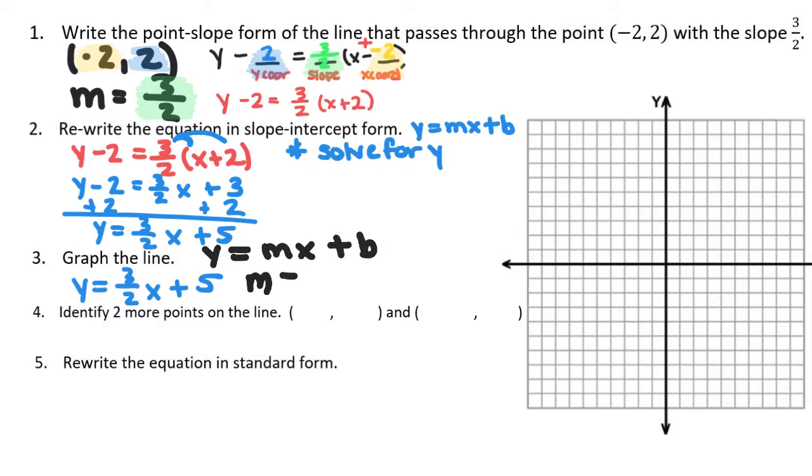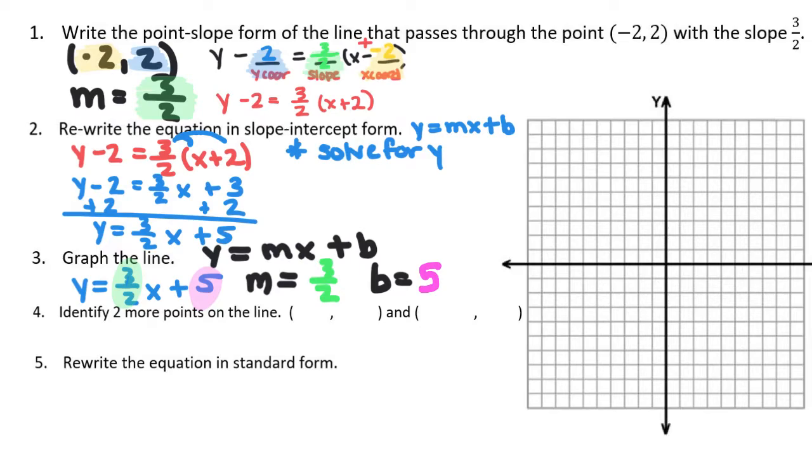So the value of m, which is our slope, is 3/2. So I can fill in that m is 3/2, and our value of b, which is our y-intercept, is 5.